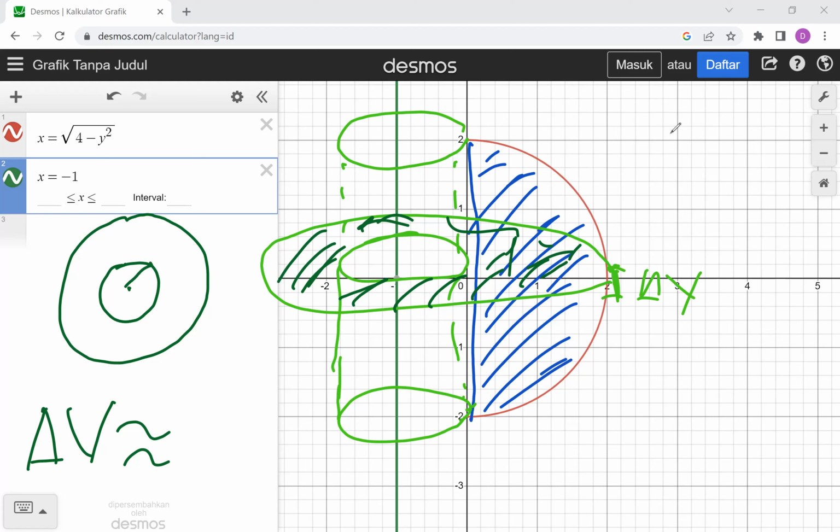It will be 1 only, because it's just the distance from the line x equals -1 to the line x equals 0, or the y-axis. And then what is the larger radius? The larger radius will be the distance from the rotation axis to the outer part of the region.